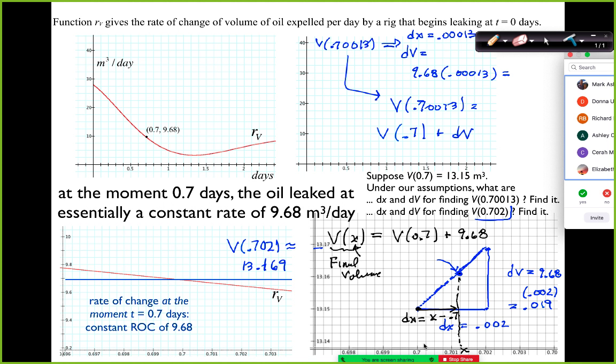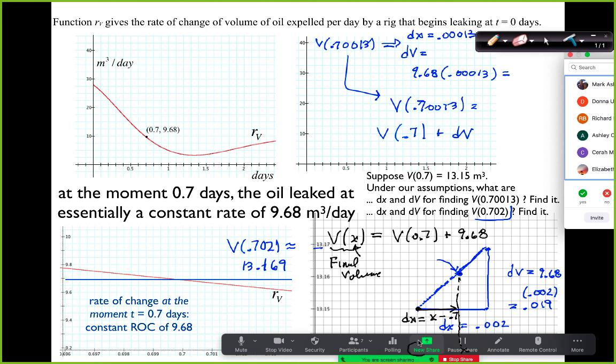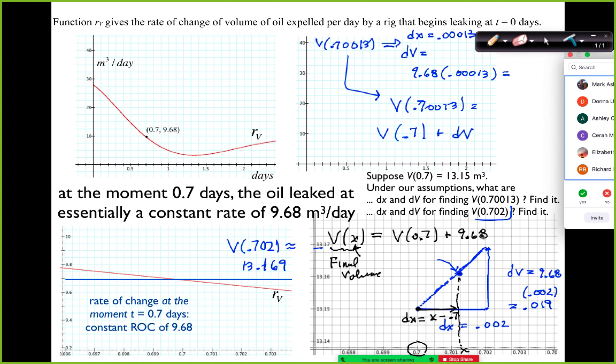Okay, you had the right idea. But the starting x is 0.7. Oh, yeah. So what will it be? Starting volume plus 9.68 times x minus 0.7. Remember doing this, everybody? Mm-hmm. That represents all correspondence points given a starting point and the rate of change, right? So we let x vary first by the amount of dx, which is x minus 0.7.